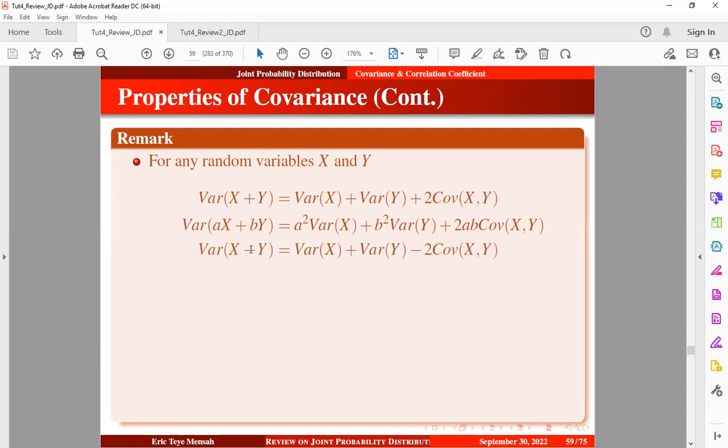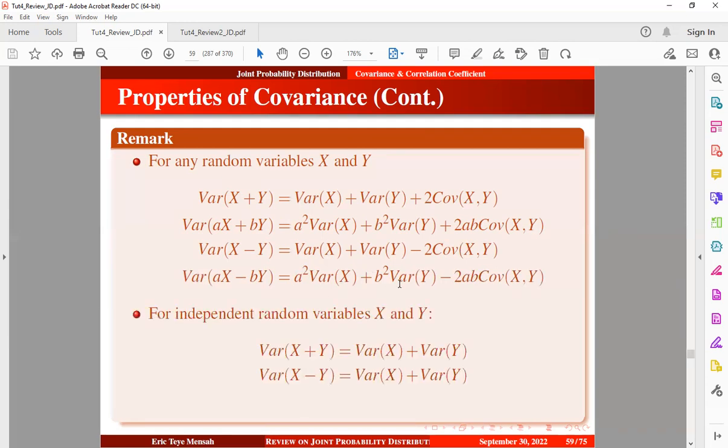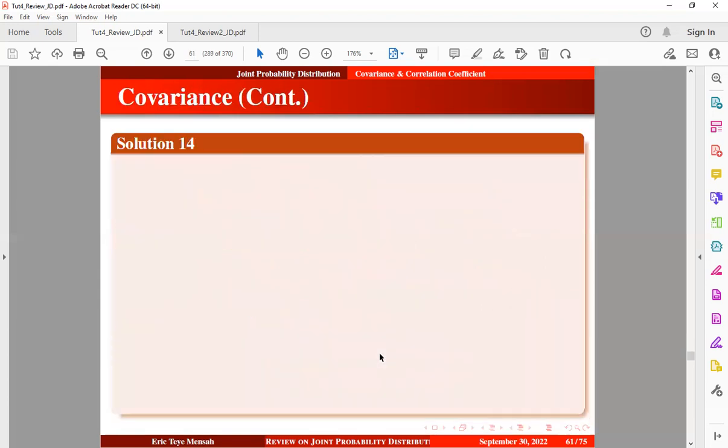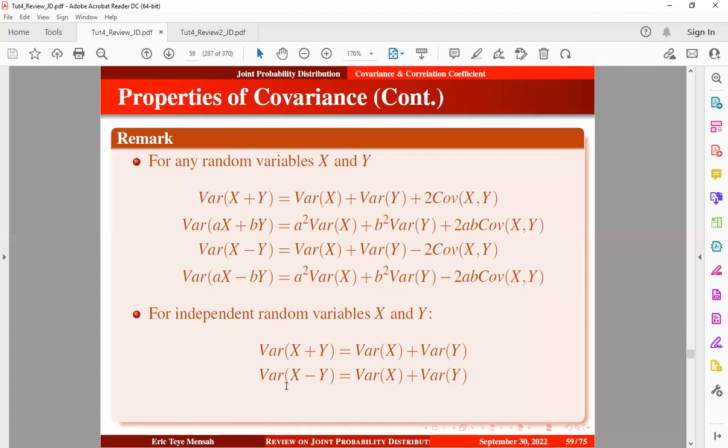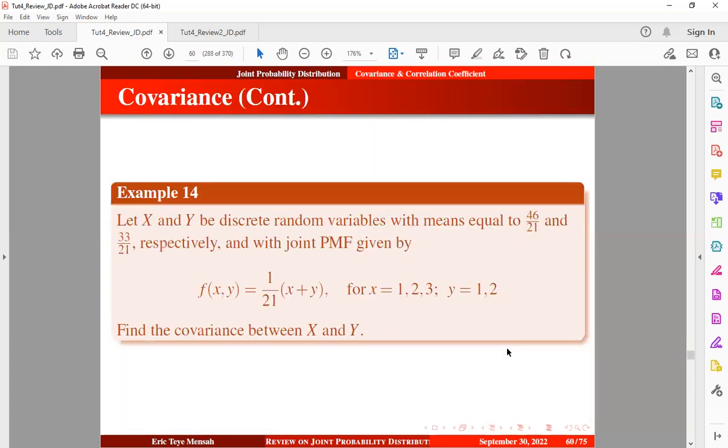Now the variance of x minus y can also be expressed in this form, and the variance of ax minus by as well. Now for independent random variables x and y, the variance of x plus y will be in this form, and the variance of x minus y will be in this form.